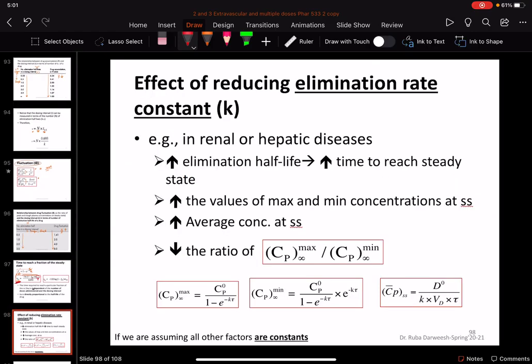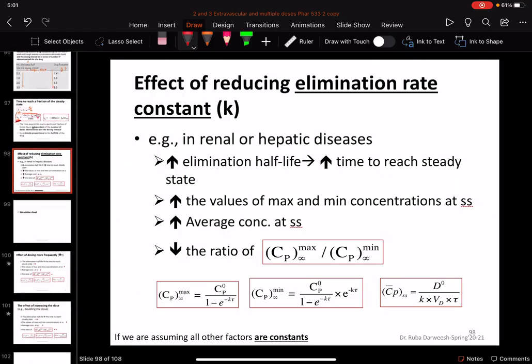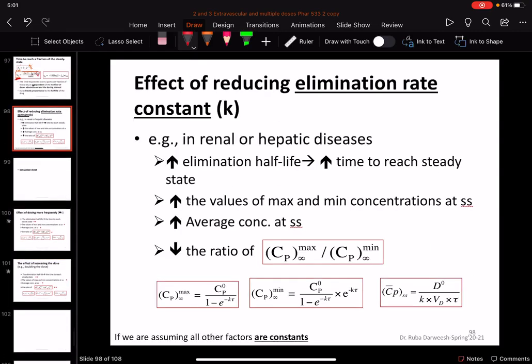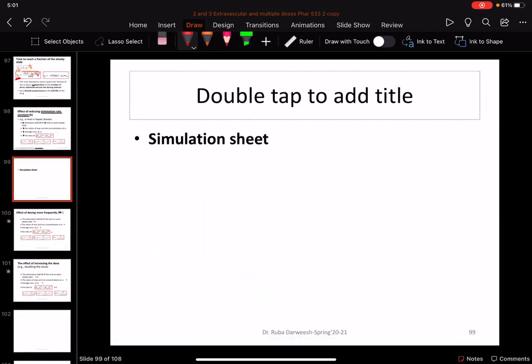And for slides 2 and 3, those are things that you already know, and we have simulation sheets that I already uploaded on your e-learning to play around with.